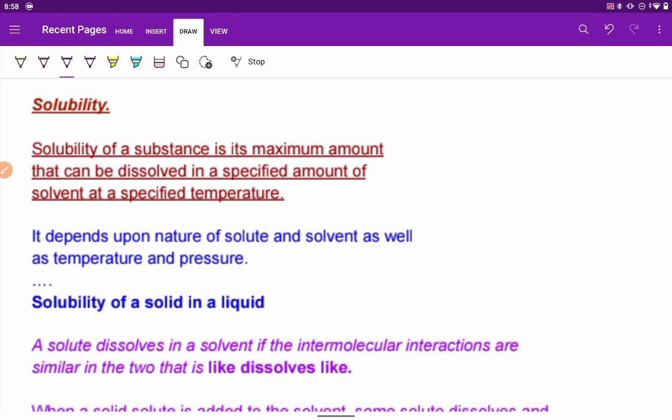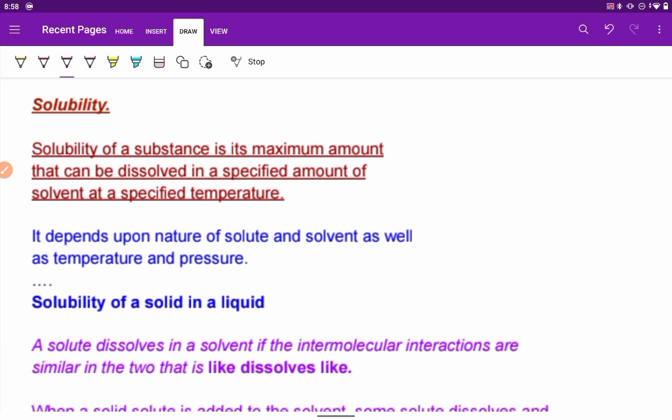This solubility depends upon nature of the solute as well as nature of the solvent. It also depends upon temperature and pressure. Now we can say that any solid, if we take and try to dissolve in a given liquid, it is not possible.